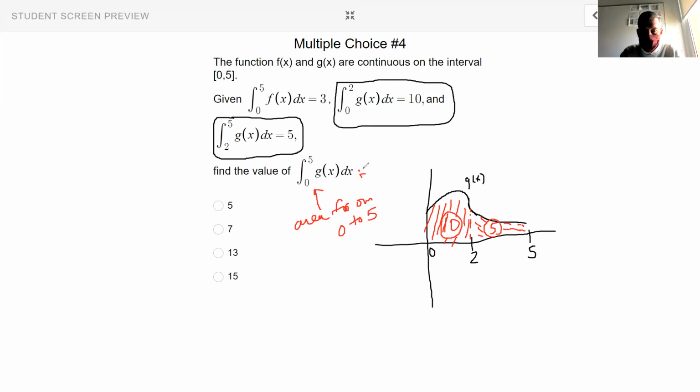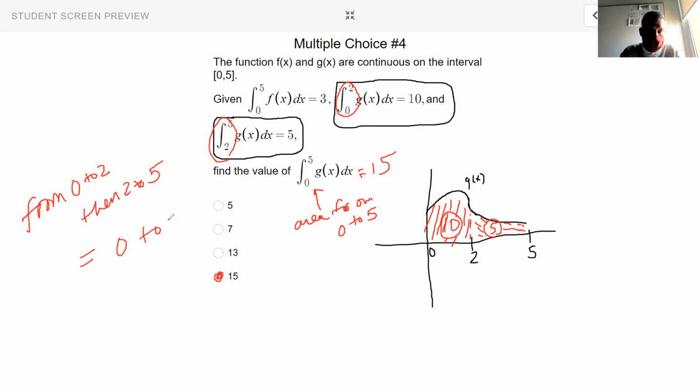So that whole area is 15. Now how can I get that? I'm just seeing that it's going from 0 to 2 and from 2 to 5. So this whole thing from 0 to 2 then 2 to 5 is the same as 0 to 5. Right? So I basically can just take those two areas and add them together. Bang, 15, done. Let's look at the next one.